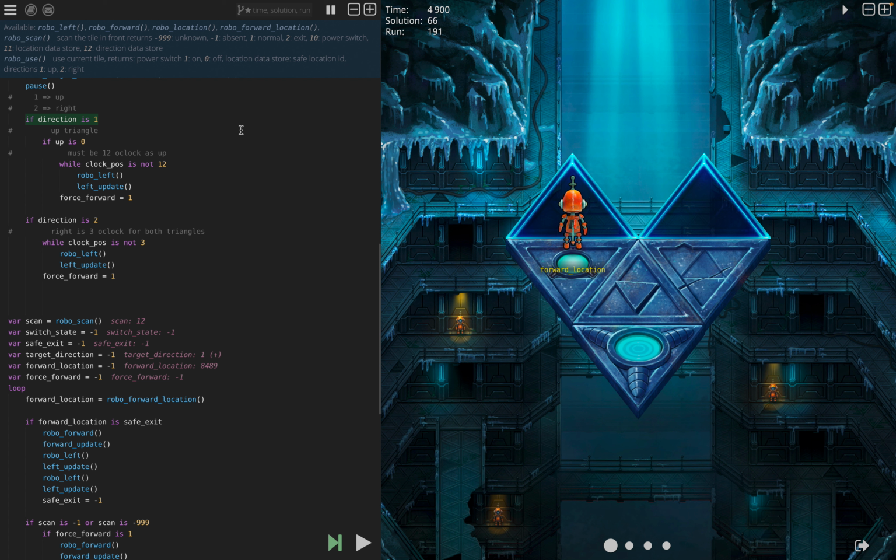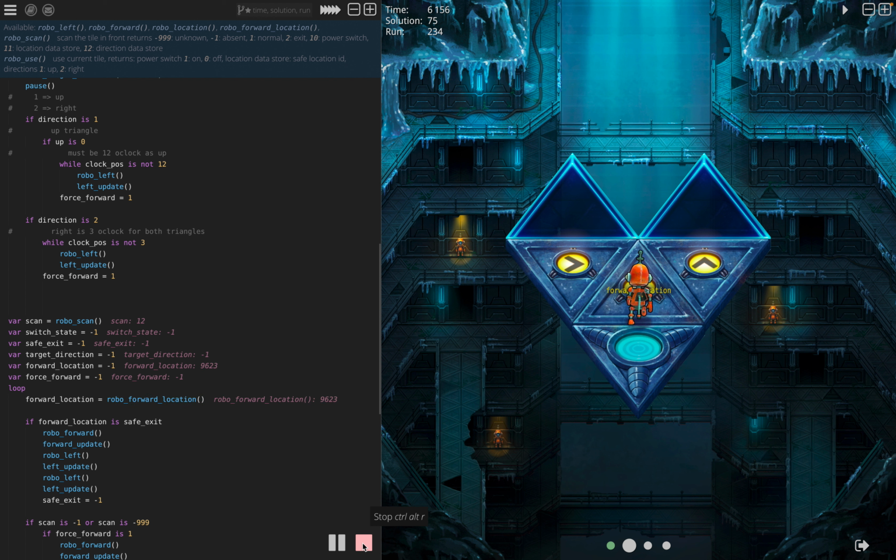The direction is 1 for up, 2 for right. For up we can only go from position 12. So direction is up and triangle means 0. Then we do a while, we keep rotating left until we look at 12 o'clock. That's correct, and it's just moving forward. Then it should go to the right.